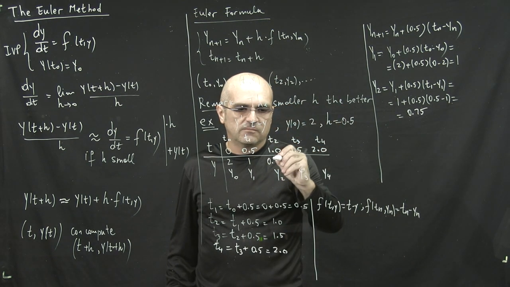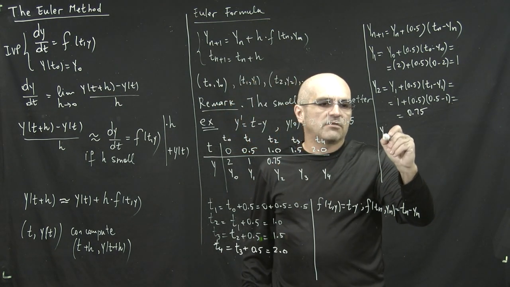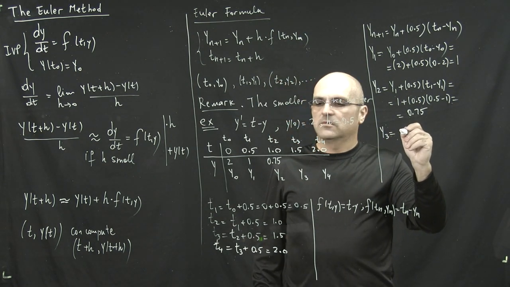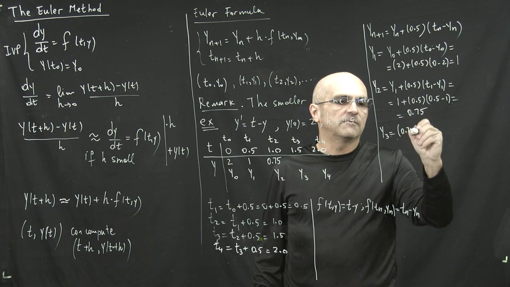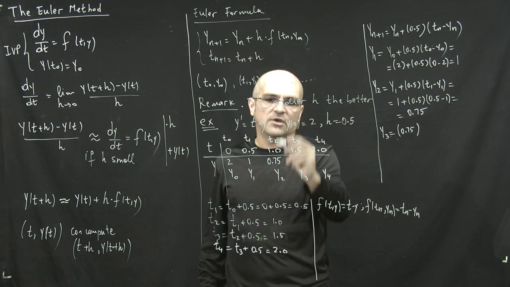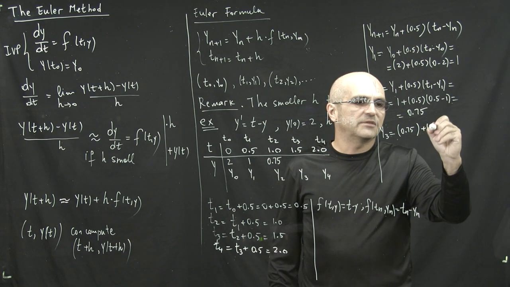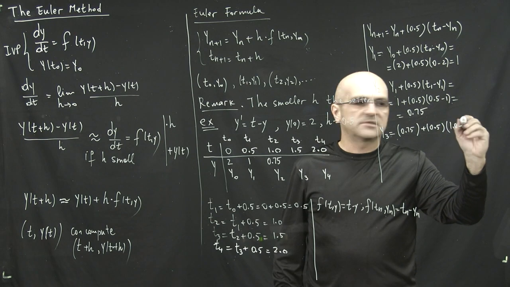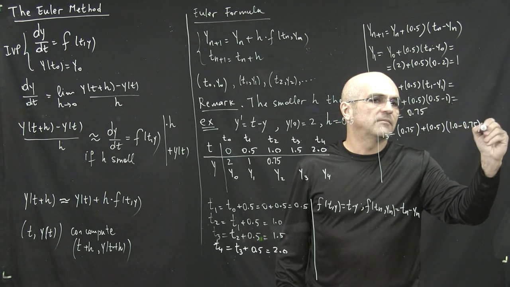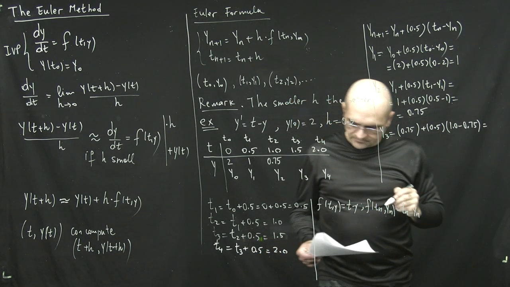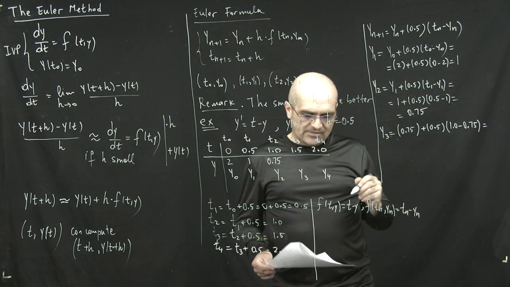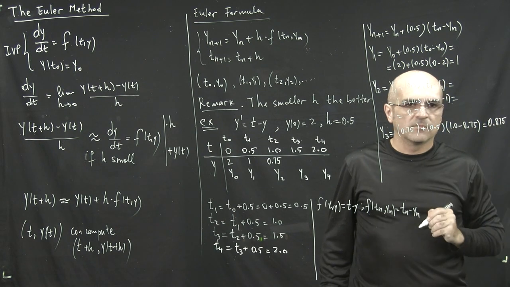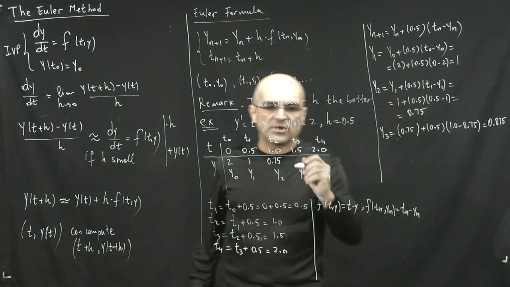Let's write it here. And then y3: you plug in y2, which is 0.75, and t2, plus 0.5 times 1.0 minus 0.75. That's 0.875.